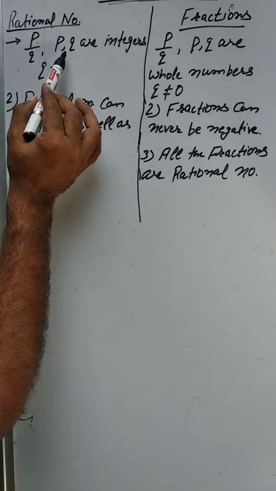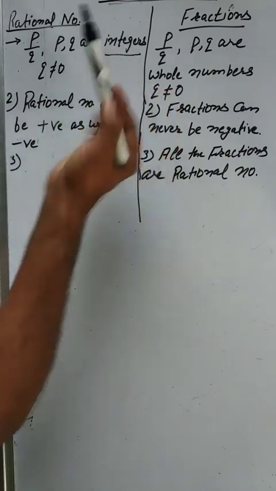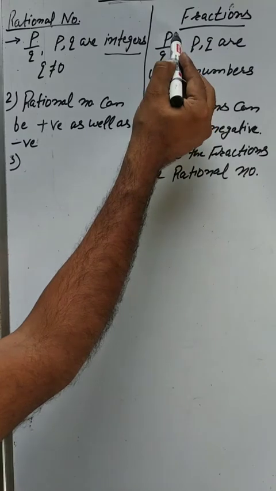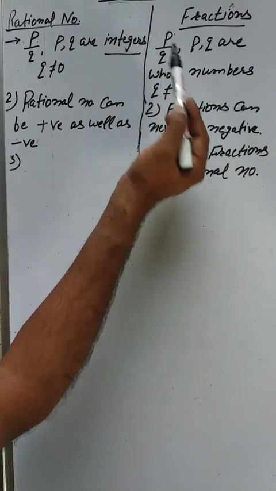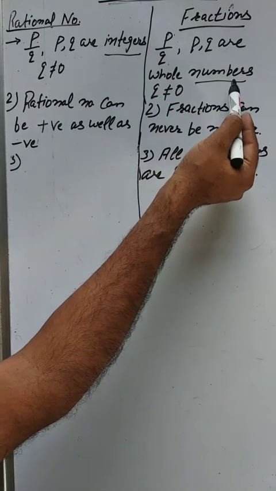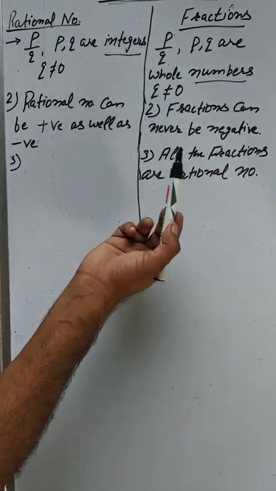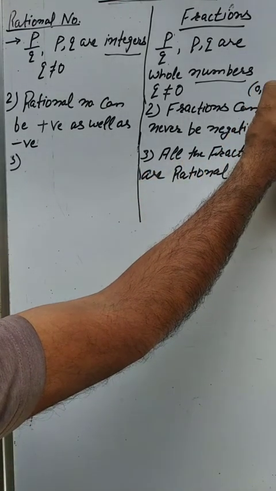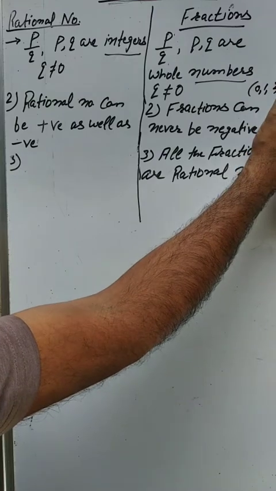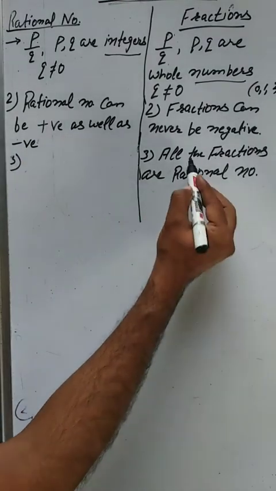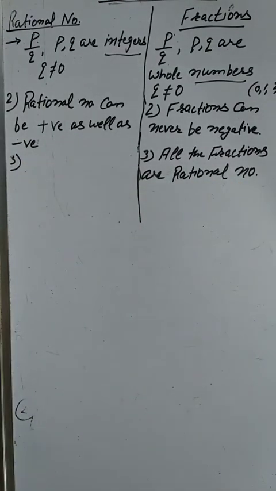Rational numbers are numbers of the form P upon Q, where P and Q are integers. Integers are negative as well as positive. But a fraction is of the form P upon Q, where P and Q are whole numbers. Here P and Q are integers. Here P and Q are whole numbers. All the whole numbers are integers. You know very well, all the whole numbers 0, 1, 2, 3 are also integers. So all the fractions are rational numbers.